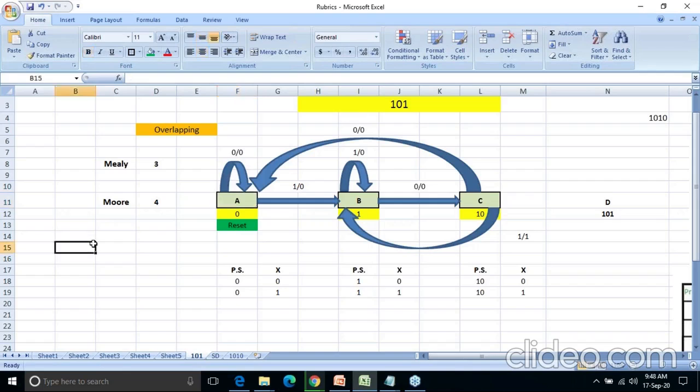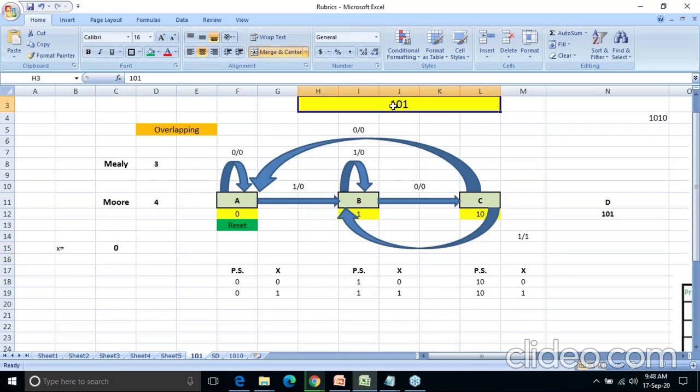This is the X I am giving, and my first bit is 0. Does this 0 have any meaning? No, because my input string starts with 1. So it is not detecting 1 because I have given an input of 0. So there is no meaning, and it should remain in the reset state.